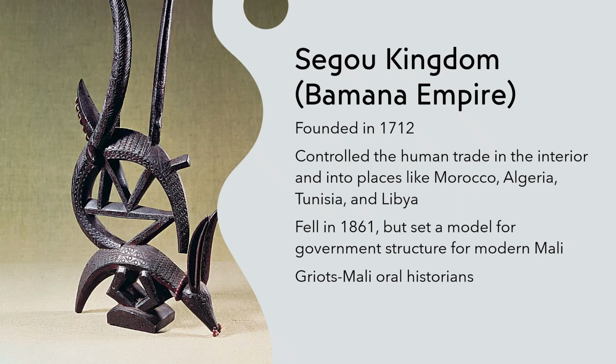There's a really interesting video that I posted on Canvas about the Bamana Empire, but they had a very powerful tradition of not only incredible artwork, but also really incredible oral histories that had been passed down generation over generation. So we actually know quite a lot about this particular empire as a result of these oral histories.